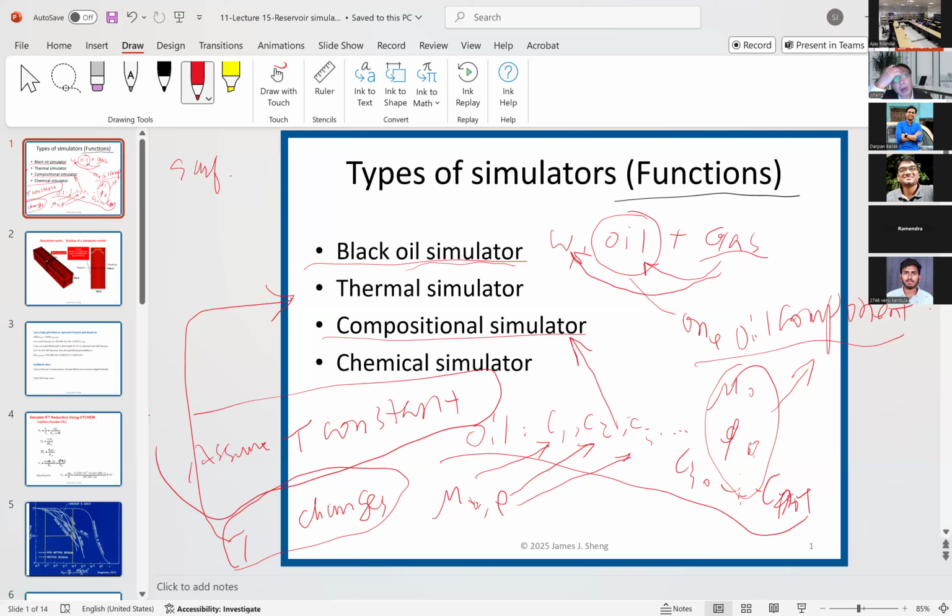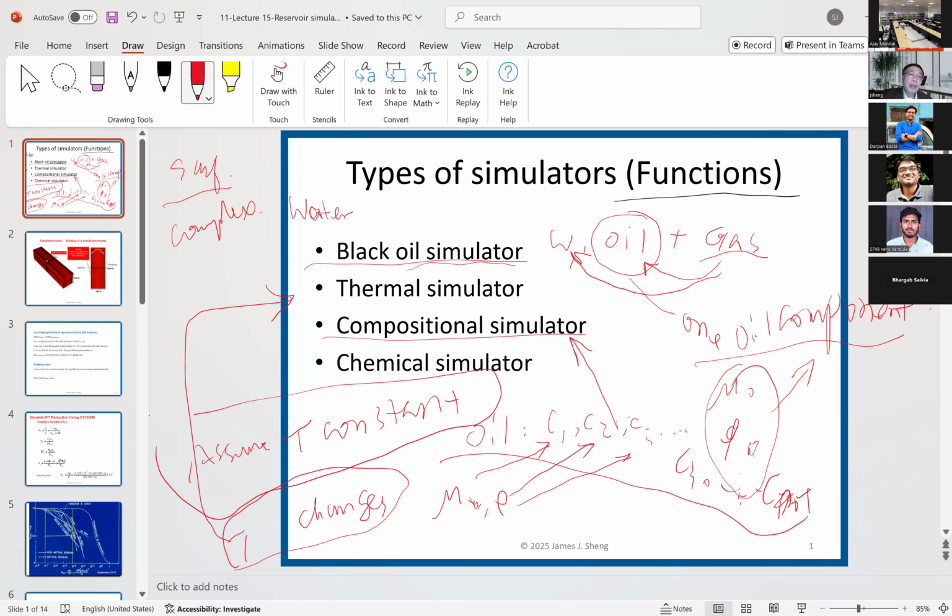Especially yesterday, we talked about adding surfactant to the water, called surfactant assisted oil recovery. This surfactant is a complex fluid dissolved in water.